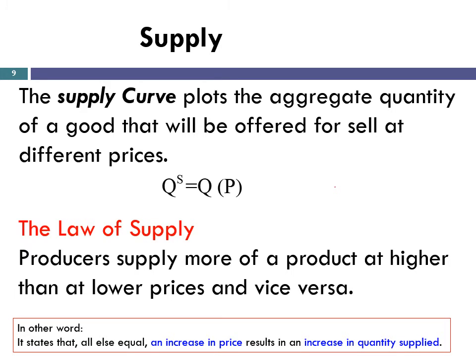So in other words, the law of supply says that if every other thing remains the same, an increase in price results in an increase in quantity supplied. This is the law of supply.